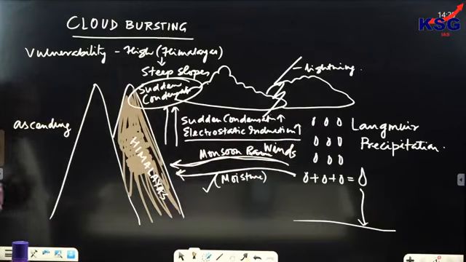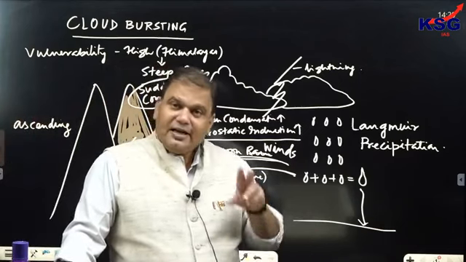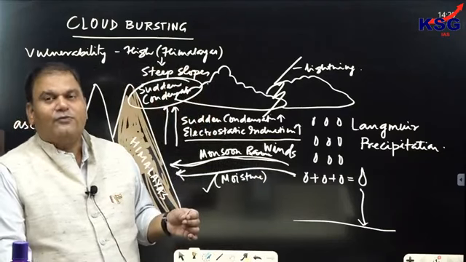So we can see enhancement of electrostatic induction results in lightning, and lightning would be trapped inside the clouds in the form of what? In the form of hyper energy.